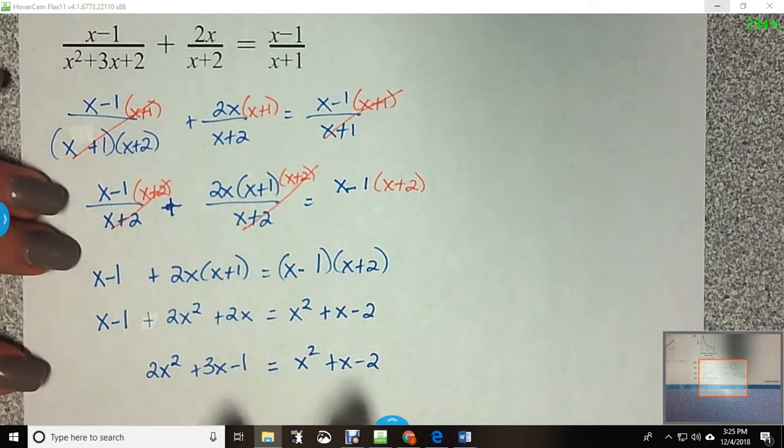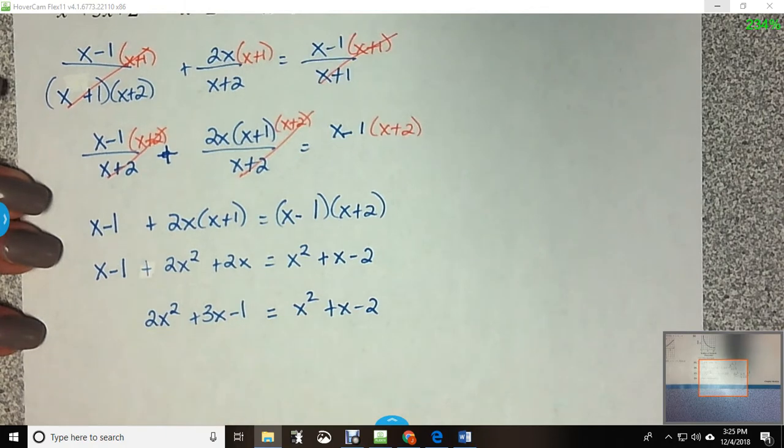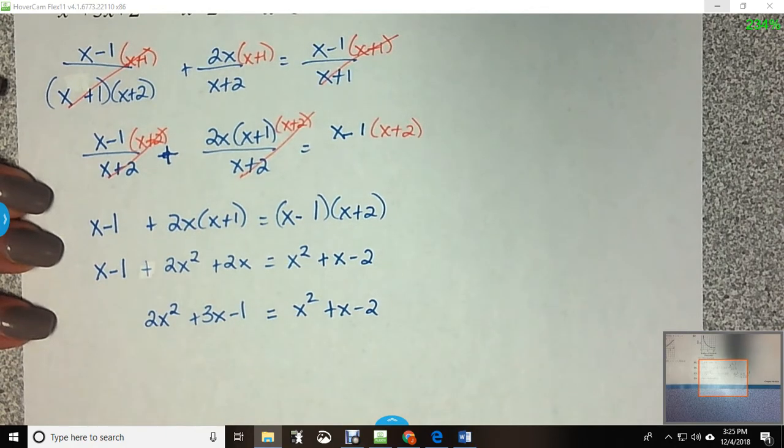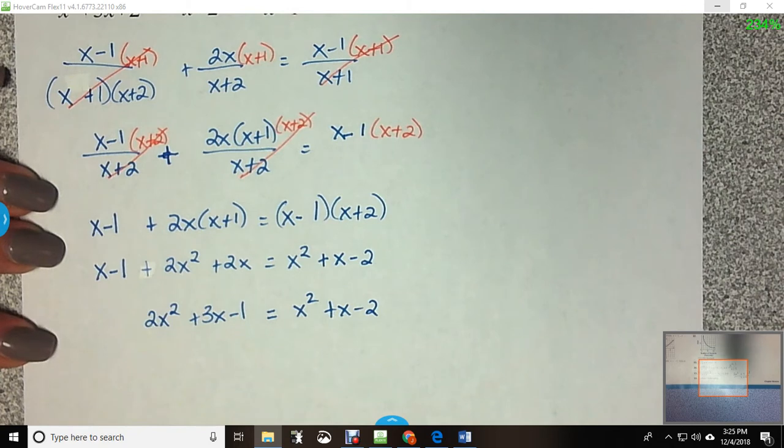All right, once we get to here, I need somebody to tell me what we should do next. Well, these have x squareds in them, which is what? Okay, so because there's an x squared in the problem, I'm going to want everything on one side so it's equal to 0.